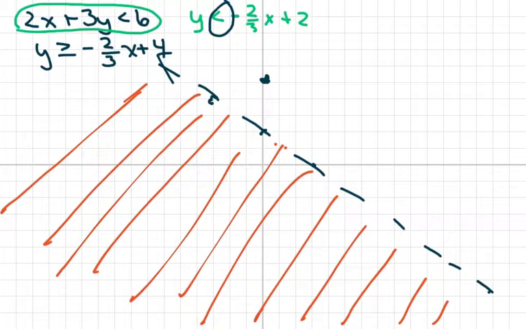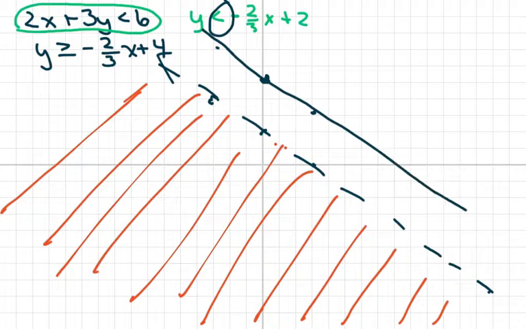So it's up 2 over 3, down 2 over 3. It's a solid line. And we're shading up.